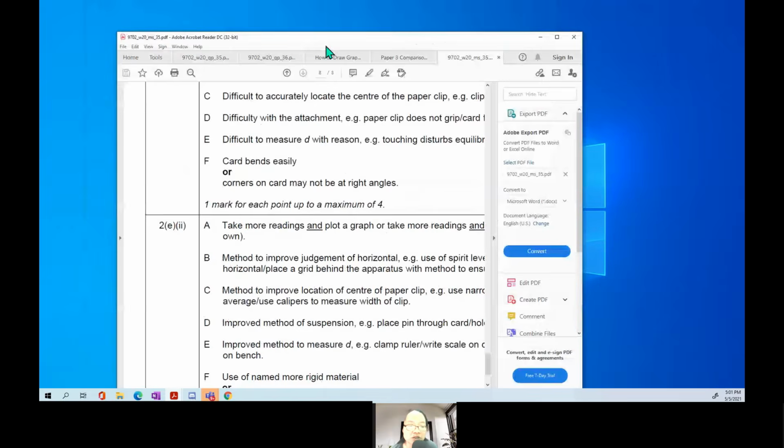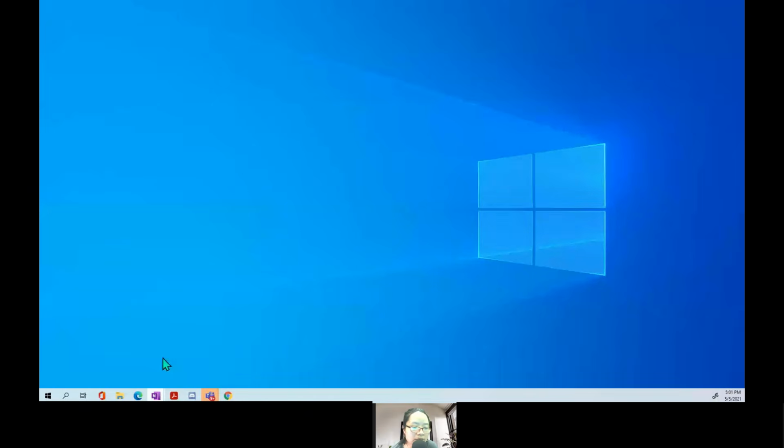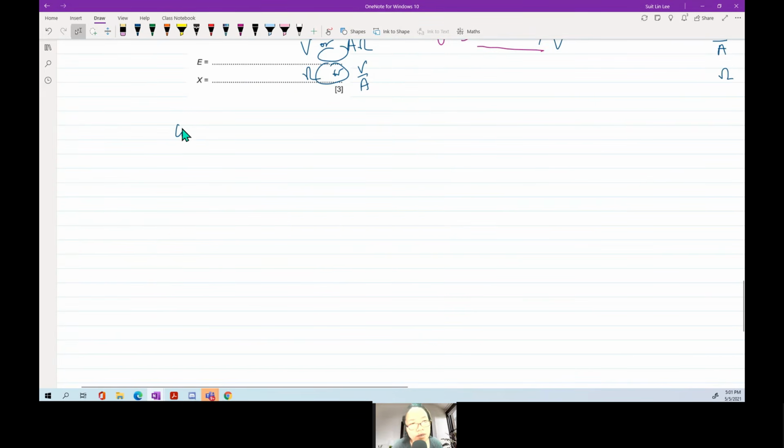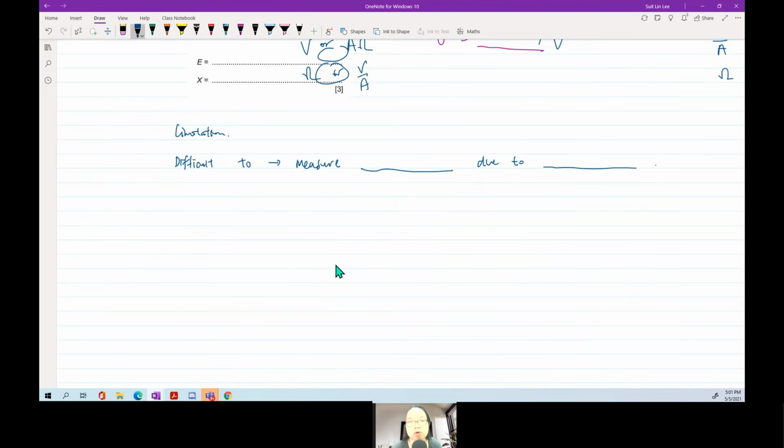So the whole idea about limitations and uncertainty is, for limitations, your sentence will always start with difficult to either measure something due to something, full stop, or difficult to ensure something due to something else. Ensure the card stays in place because it will slip from the paper clip, due to or because.